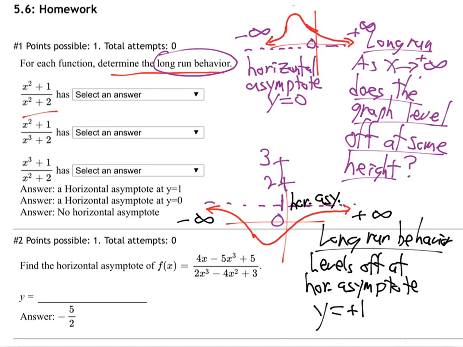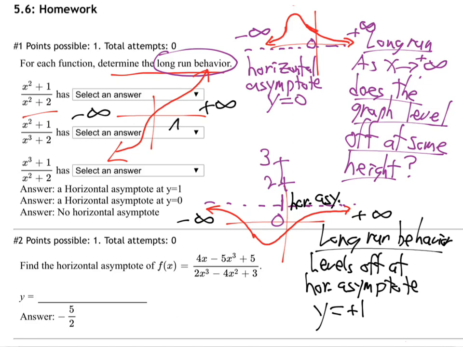Now, there's another thing that can happen. There's really a lot of things that can happen, but there's a third major thing that can happen, and that is you can have a graph that just kind of goes up forever to the right, and same thing to the left, down, as you go towards positive infinity or negative infinity.